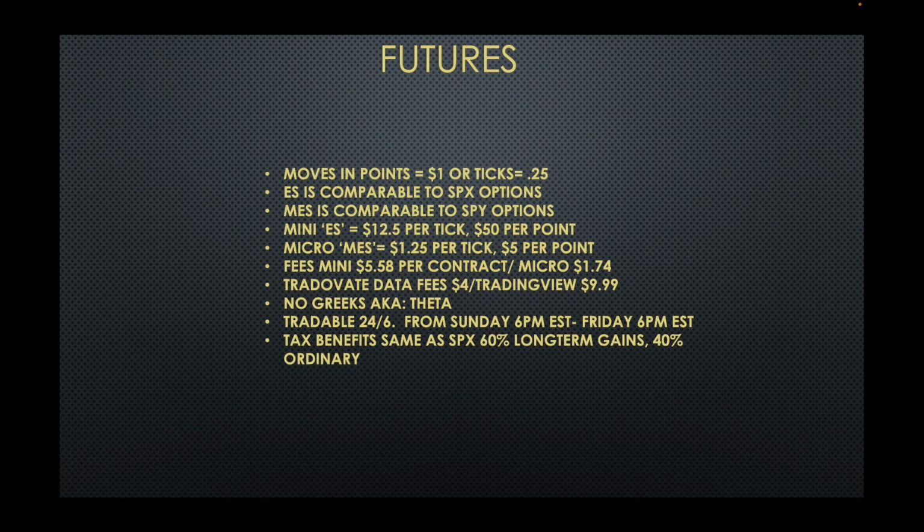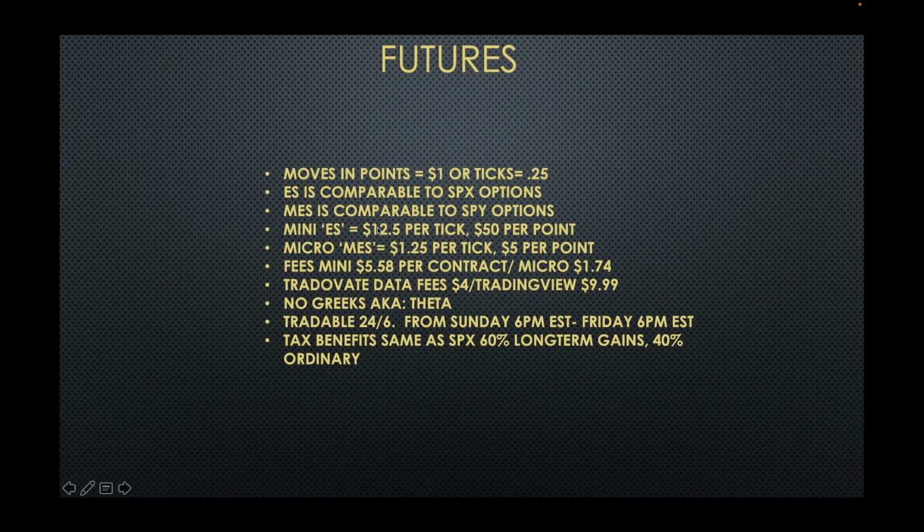Comparing, ES is like trading SPX options. If you're familiar with SPX and how fast it moves, that is similar to ES. And then MES is more comparable to SPY options because it's a lower dollar amount. And when you hear people talk about ES, that is also a mini. So a mini equals ES, which is the higher dollar value.